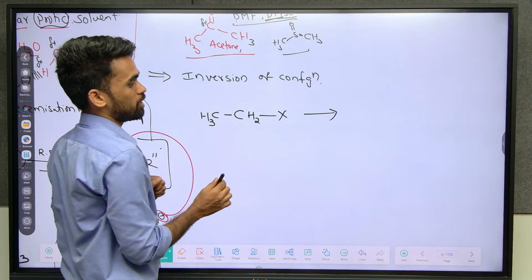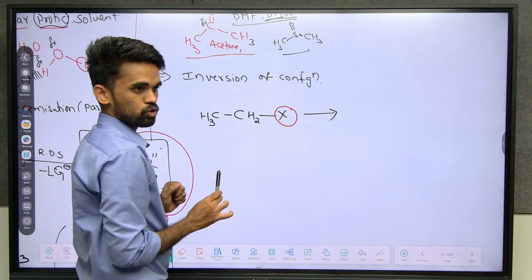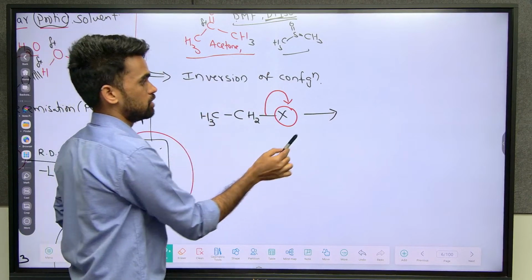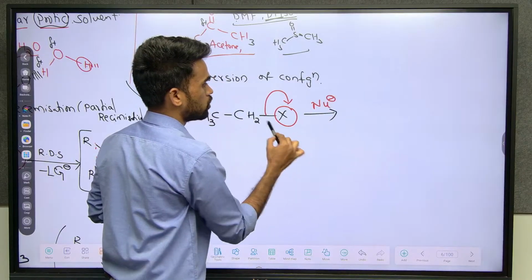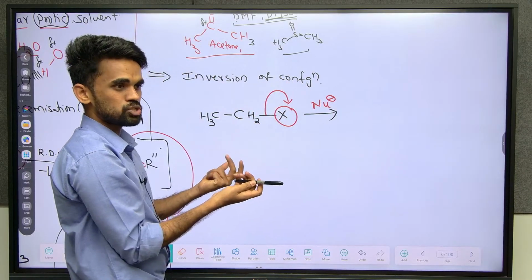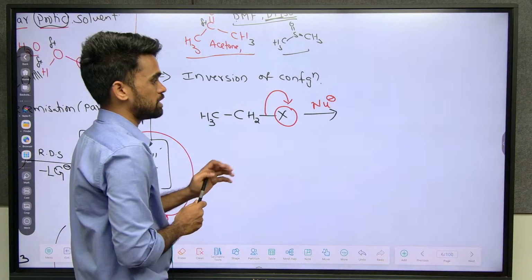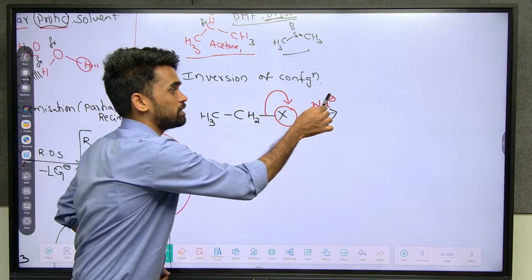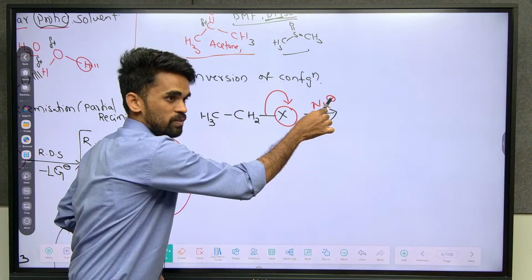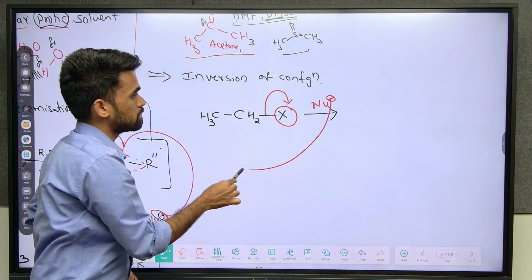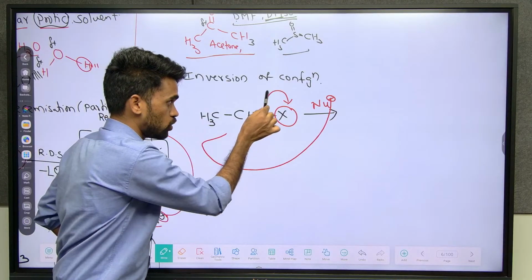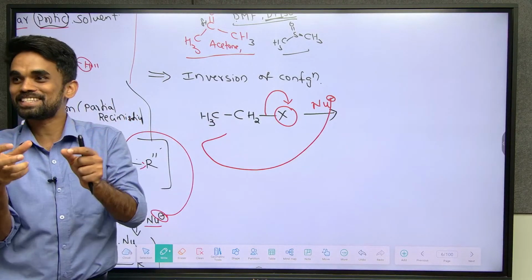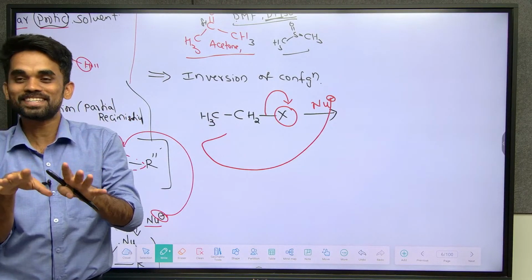Primary. So now, X is there, that is our leaving group. If it is going out, some nucleophile comes in. So one nucleophile is going out, another nucleophile is coming in. So we can simply say substitution. Here also substitution. Now what happens here is, when a leaving group is going out, at the same time, simultaneously, this new nucleophile, the incoming group, comes in. It means they happen simultaneously.